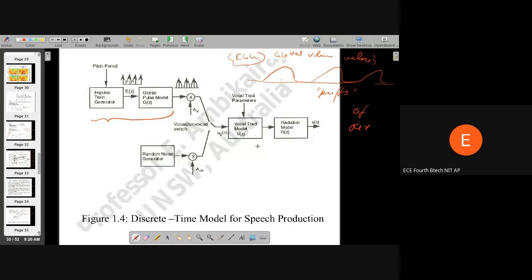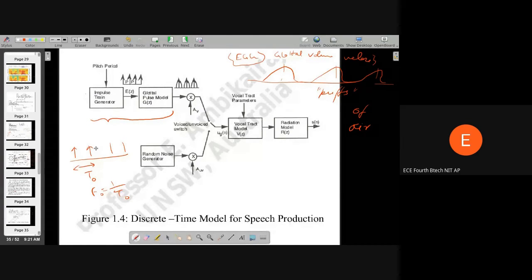Now, for voice signals, we have this pitch. So this vibration occurs periodically. So we will use an impulse train having a particular pitch period, or pitch frequency.